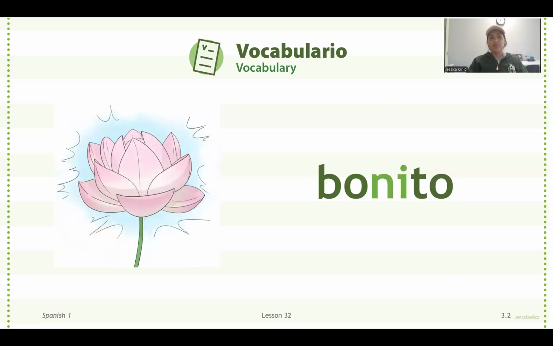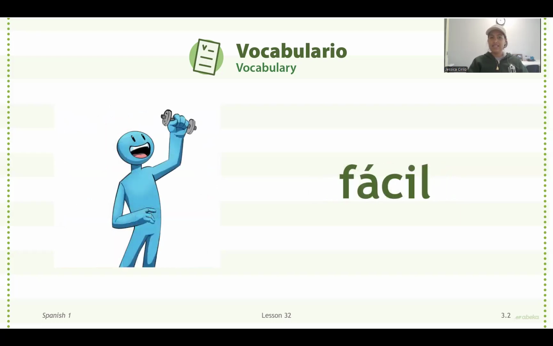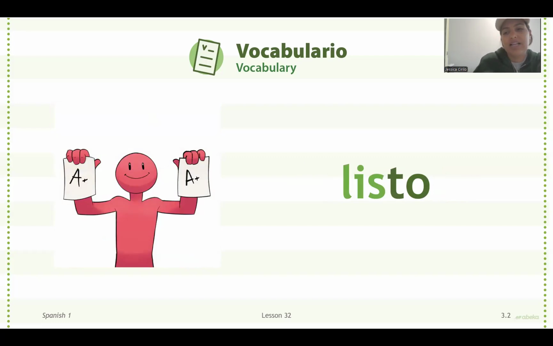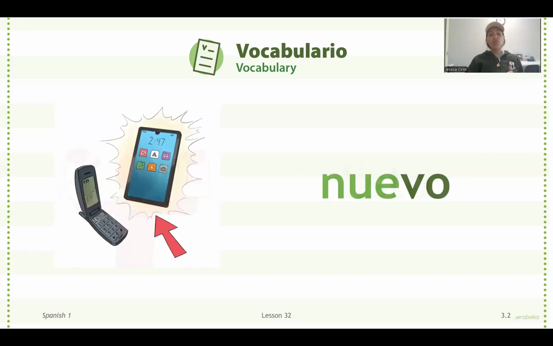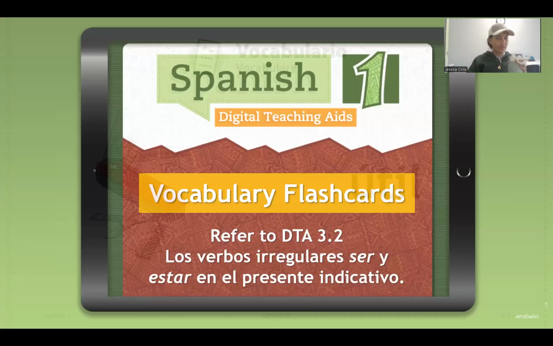Bonito. Difícil. Fácil. Hermoso. Listo. Nuevo. Útil. Okay?